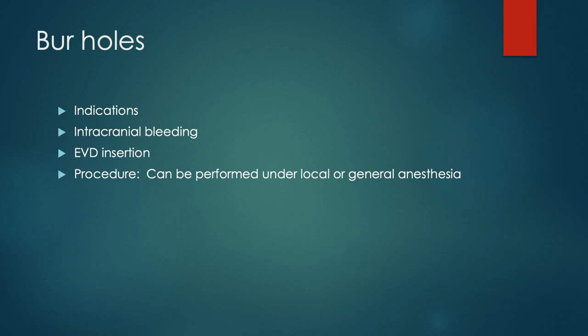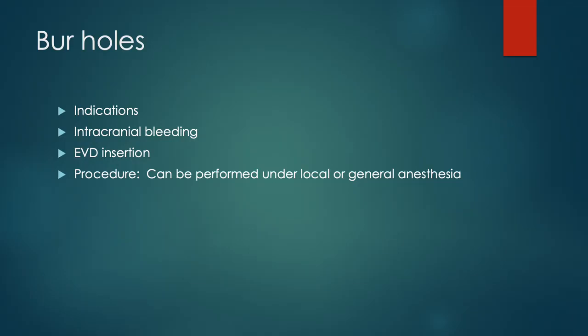The other thing is that we can do them when we are doing an EVD insertion. Remember we described earlier that part of the management of head injury could be a ventriculostomy to drain off CSF. So you insert an external ventricular catheter. This catheter goes into the ventricle, and then it's connected to a drainage bag outside the brain.